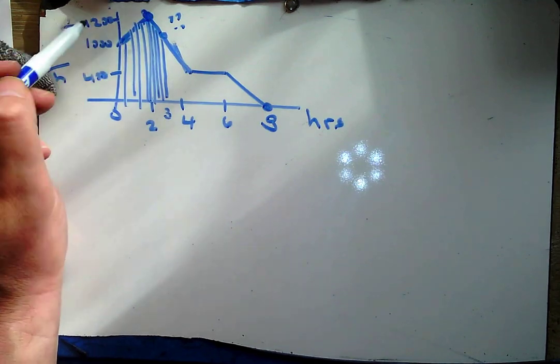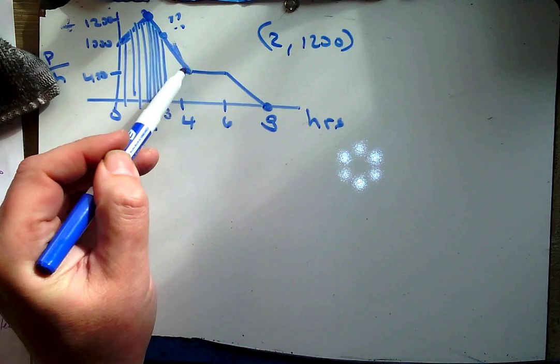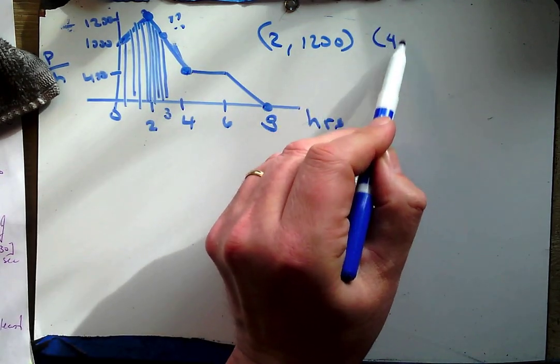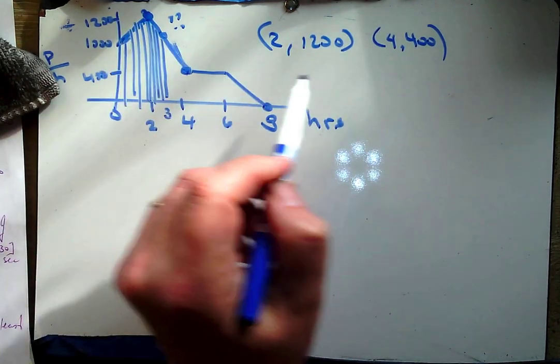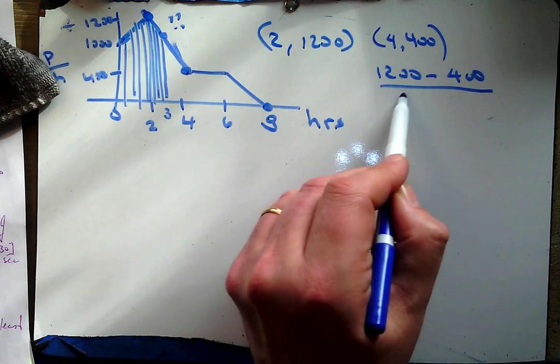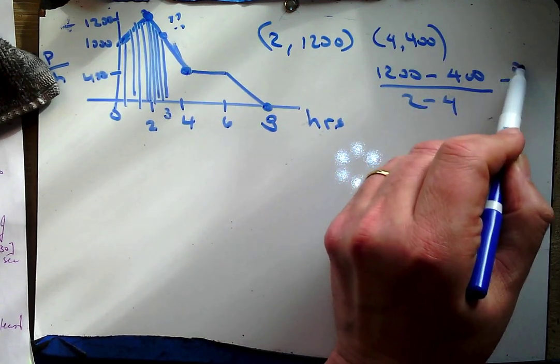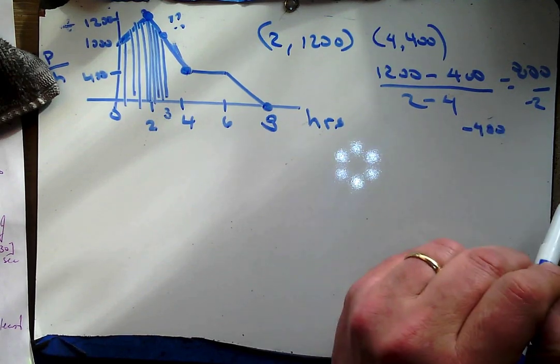Look, this line has this ordered pair, (2, 1200), and this ordered pair here, (4, 400). So, what's the slope of this line? Well, the slope is (1200 minus 400) over (2 minus 4). So that's 800 over negative 2, or negative 400.